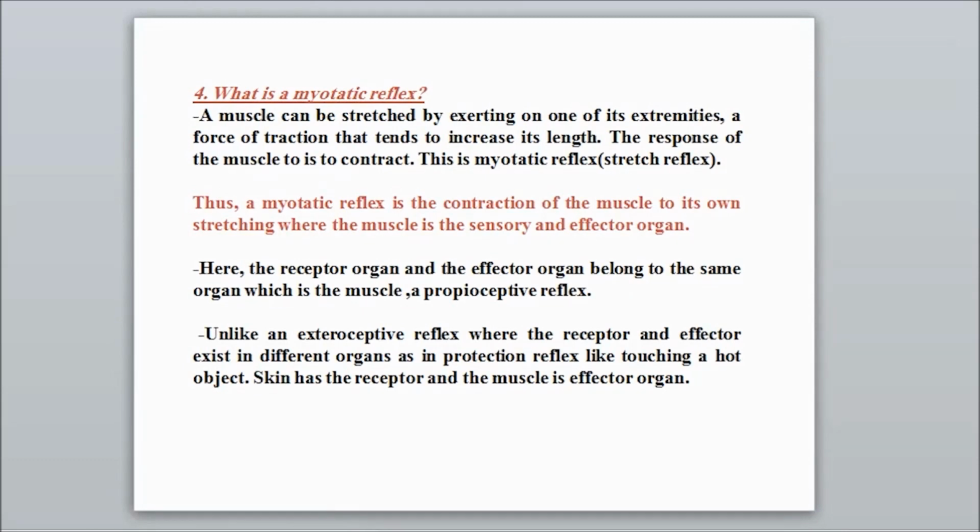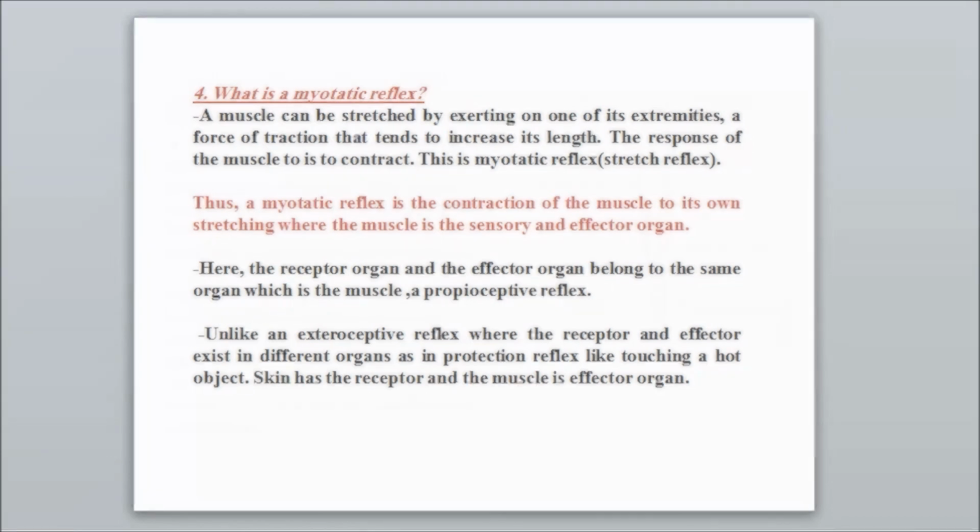Unlike the example when you touch a hot object, the receptor is in the skin and the effector organ is the muscle. So in this case, the receptor and the effector are in different organs. This is an exteroceptive reflex.